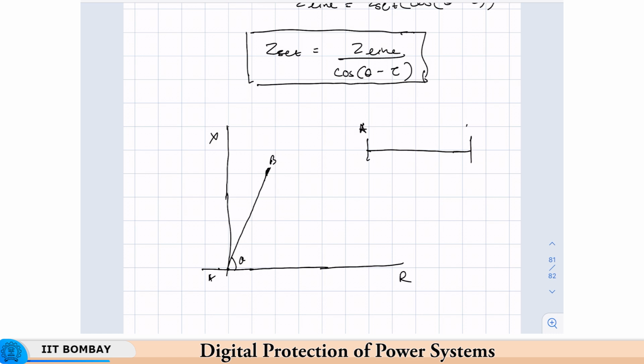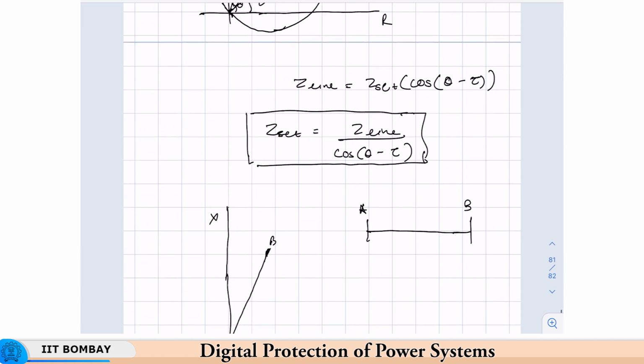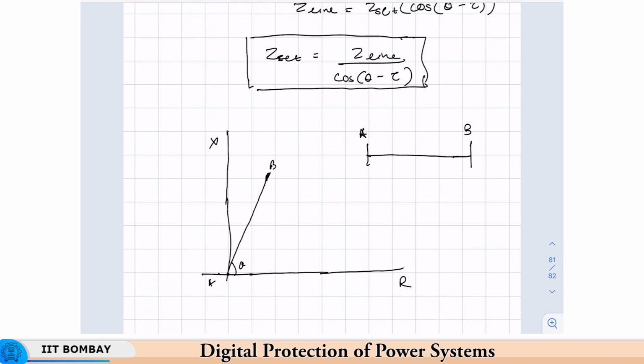And no, because if it is set to do this, then there could be other lines here. Maybe just for the sake of this example, I'm drawing the short line here. Could be any line, could be a parallel line also.